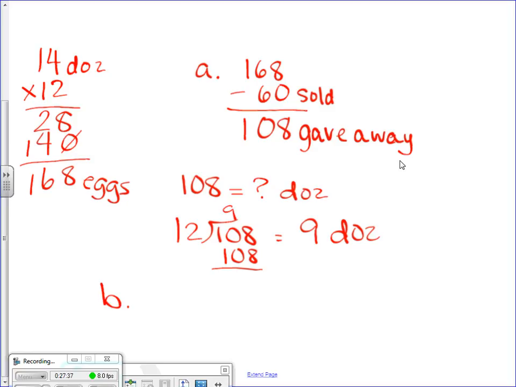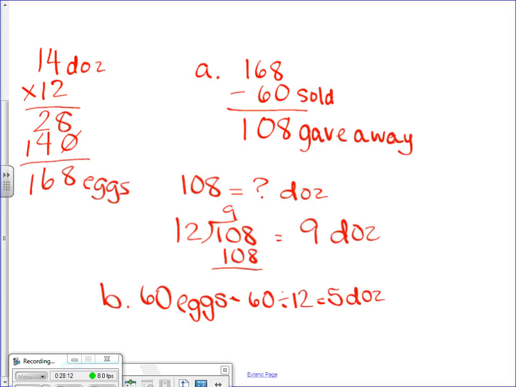B. He sold each dozen for $3.25. How much did he earn? Well, we only know that he sold 60 eggs. That's not 60 dozen, that's 60 eggs. So we've got to figure out how many dozen he sold. 60 eggs, how many dozen is that? 5 dozen, because 60 divided by 12 is 5.